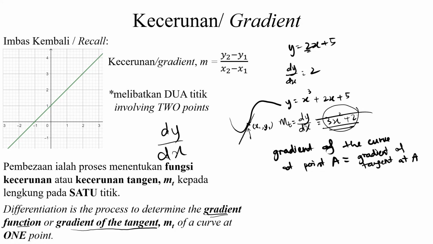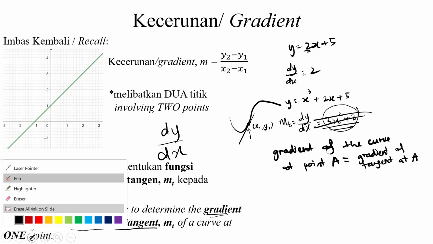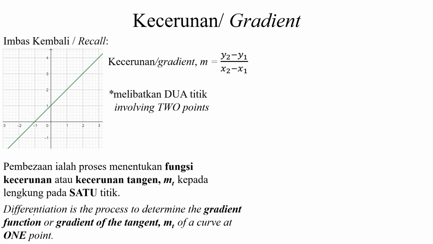Never mind if you don't understand this one, because not yet. I just want to introduce the idea. The idea of differentiation is because we want to overcome the craziness of the mathematicians to find the gradient of the curve at one point, when finding a gradient actually needs 2 points. So differentiation comes in.